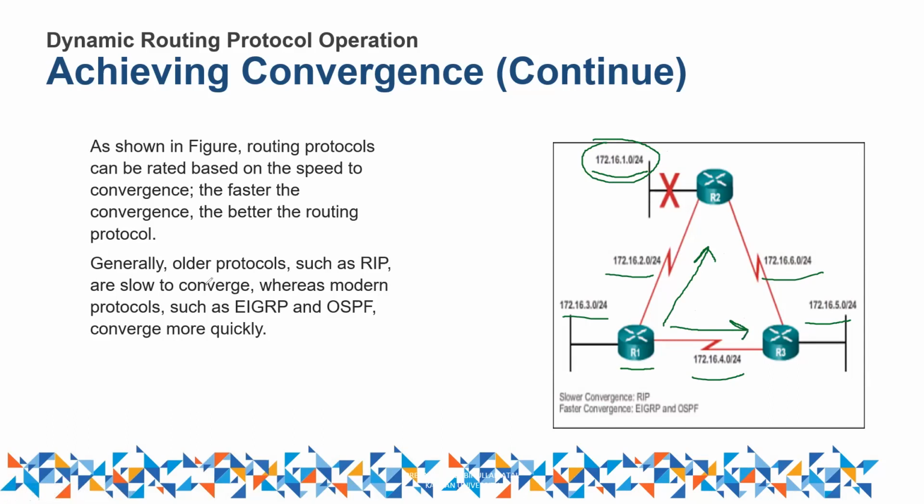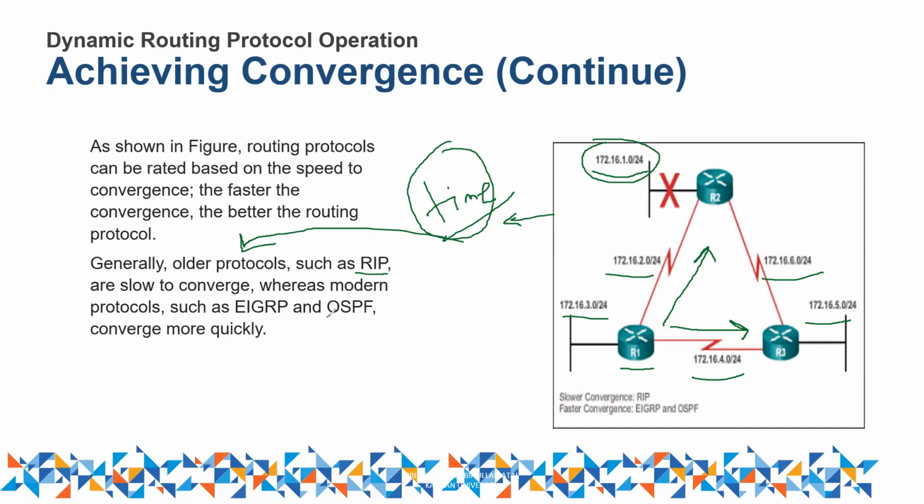Okay, guys. So, as I told you before, convergence will take some time because sharing this information, learning this information, storing this information, and also calculating this information takes some time. How much time? It depends. Older protocols like RIP version 1, the RIP protocol and the IGRP protocol have slow convergence.